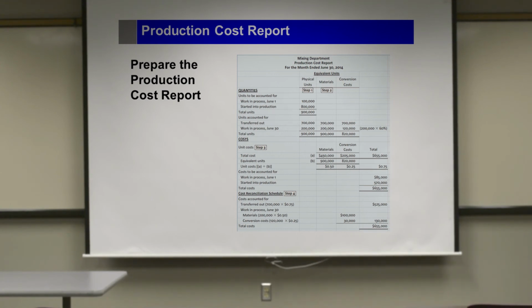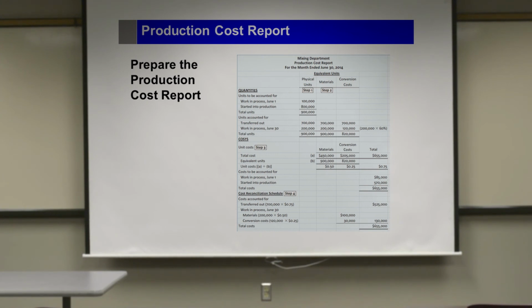Then step number 2, to find the equivalent units, we already found the equivalent units of raw materials at 900,000 and conversion cost at 820,000. Then in step 3, we found the per unit cost of material at 50 cents and the per unit conversion cost at 25 cents.